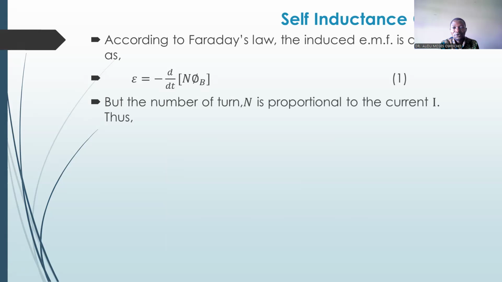Then the number of turns in the coil times the change in magnetic flux is proportional to the current that is flowing through it. So from here, if we remove the constant of proportionality and introduce the constant L, which is our inductance, we will have equation 2.